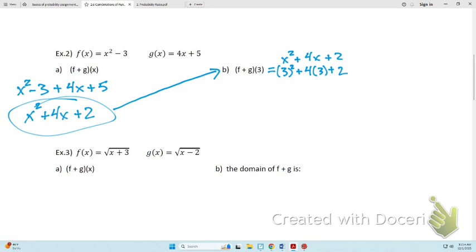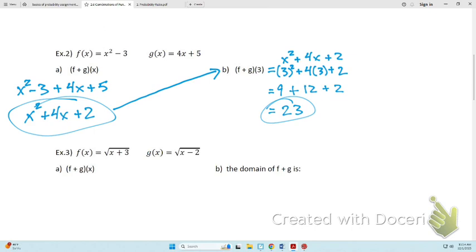Some people forget, or don't realize what we're plugging 3 into. We're plugging 3 into the sum of the two functions. So we end up with 9 plus 12 plus 2. And that is 23.